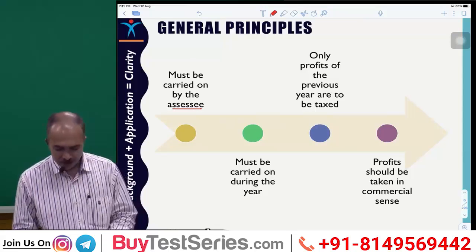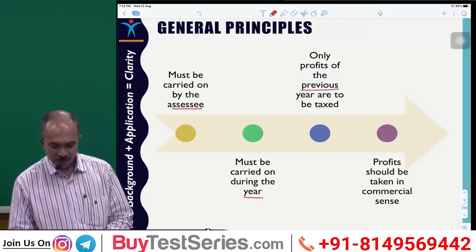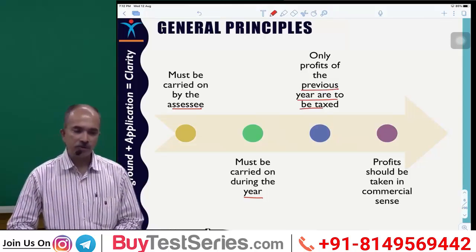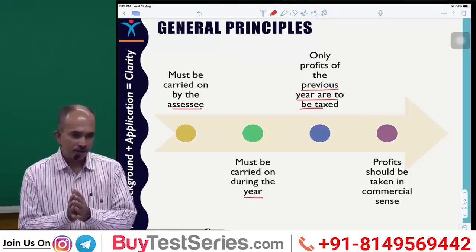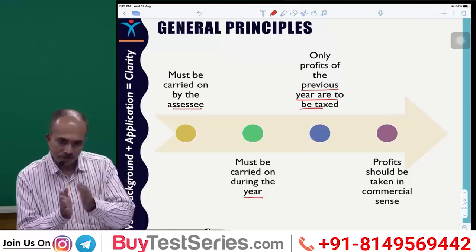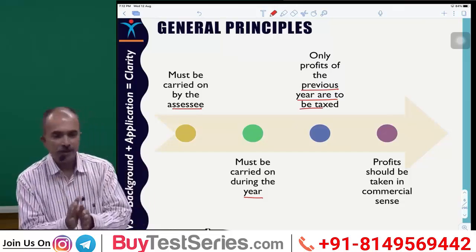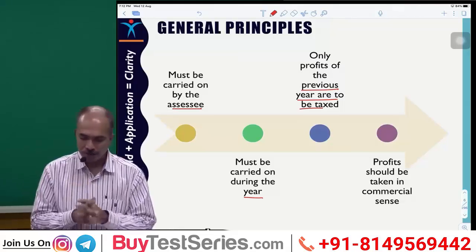It must be done during the year, obviously, to earn the profits. Only profits of the previous year are to be taxed, because we know in income tax, each assessment year is a watertight compartment. If the income belongs to an earlier year, it is taxable in that earlier year, not in this year. So every year is a watertight compartment.